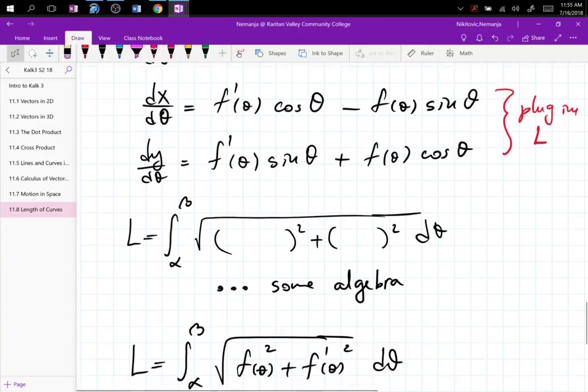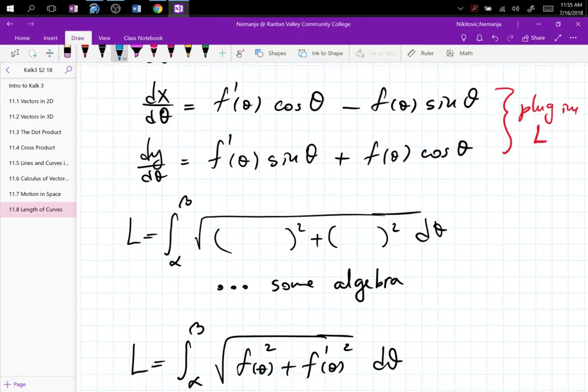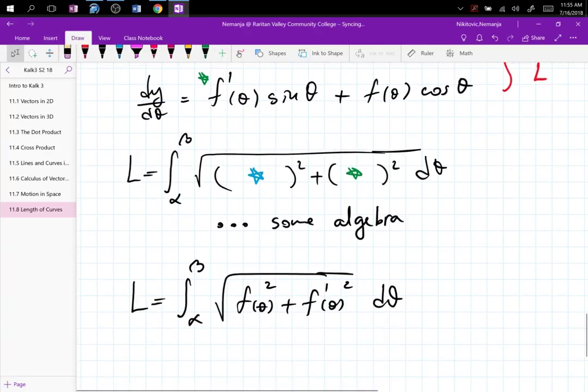So this long expression here, the blue star goes there, the green star goes in there, you square them, you will have 6 terms altogether when you square it out. The middle terms will cancel. You'll be able to pull the ones together, and this is what will survive at the end.